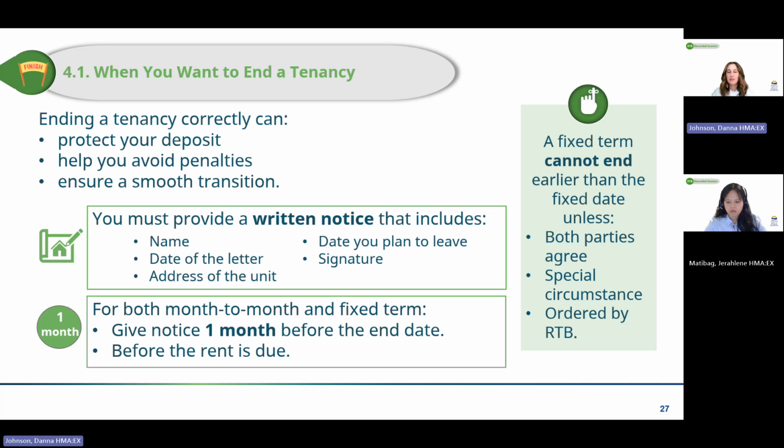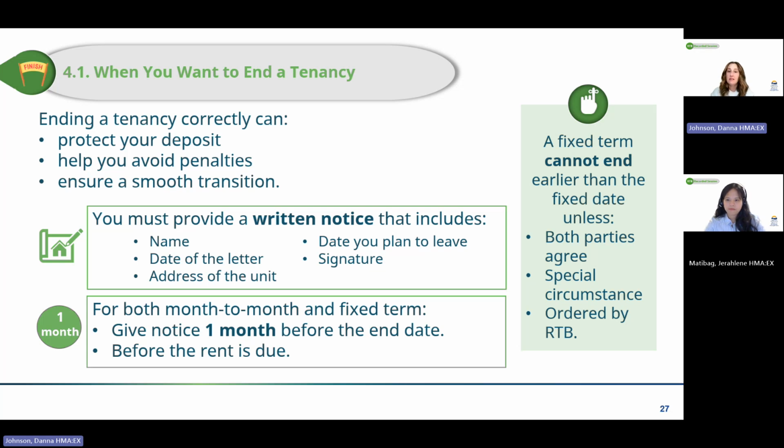Otherwise, you're responsible for the rent until the end of the lease or until the landlord can find someone else to rent the place. If the landlord has to lower the rent in order to attract a new tenant, you could be responsible for paying the difference. This is another reason you need to be really thoughtful when you sign a fixed term lease.